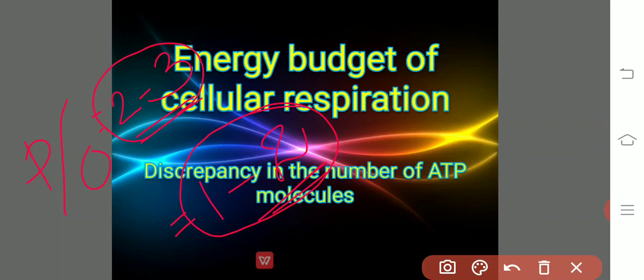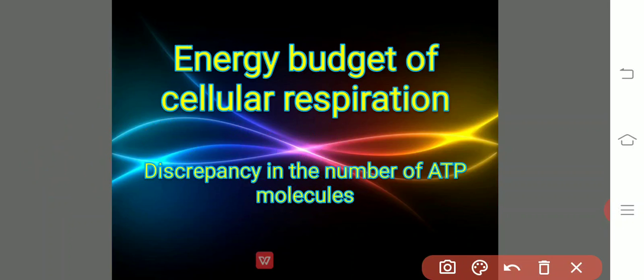Right? So the scientists thought that the P by O ratio should be constant, so they set it to a constant point. That is, the P by O ratio for NADH is 3 instead of 2 to 3, and for FADH2 it is 2. That is, whenever NADH is the electron donor, 3 ATPs may be formed.